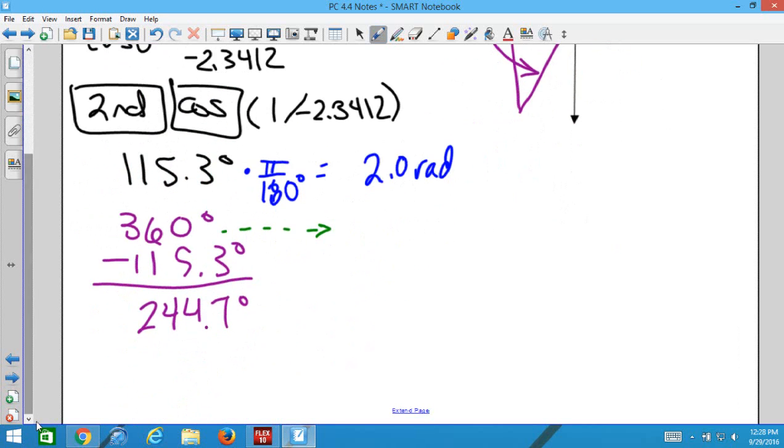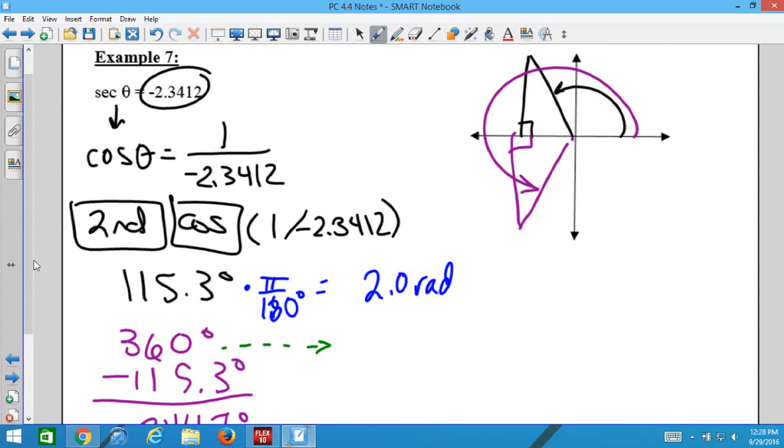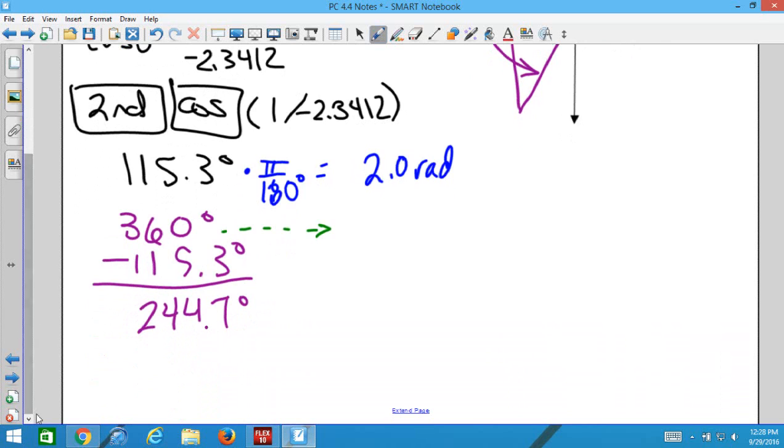The location of this one, if I took 180 and subtracted 115, that would end up over here. It would be a small number. That would give you the reference angle, right here. And then you could take 180 and add on that same amount. That's more steps. Yes, that is a way that works, but there's more than one way of getting that second answer. I did it the shortest way.